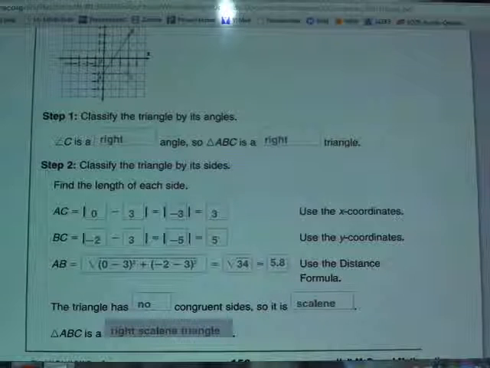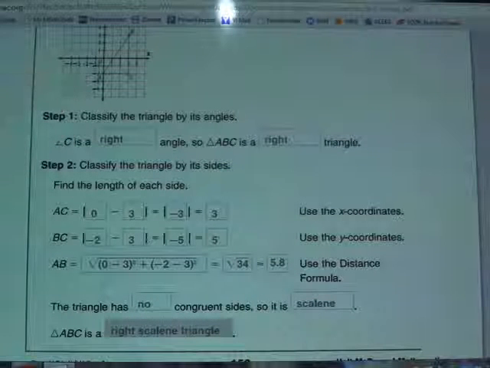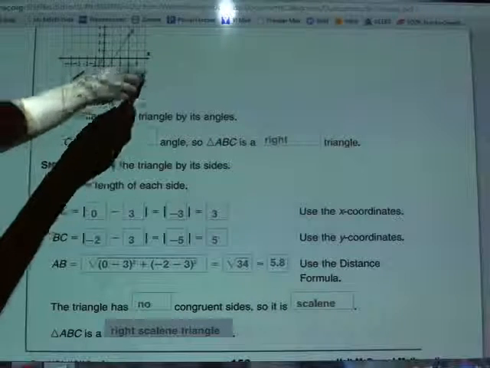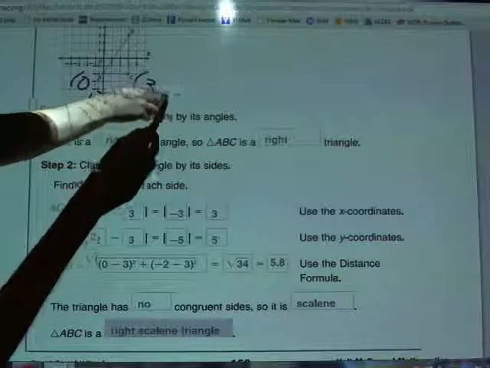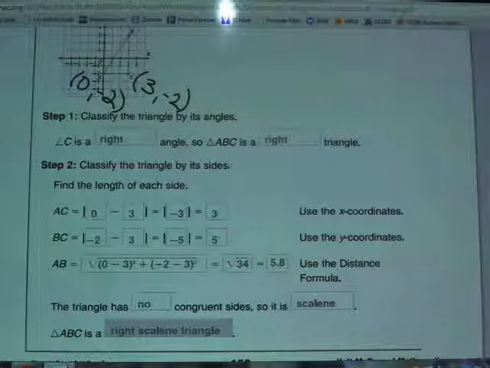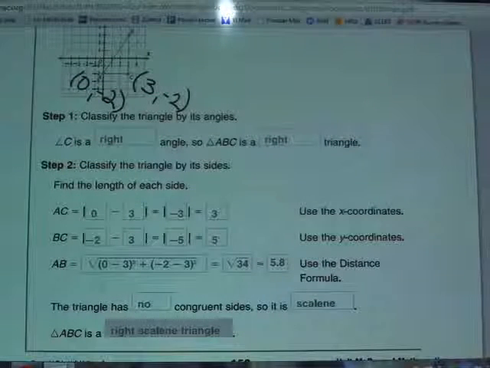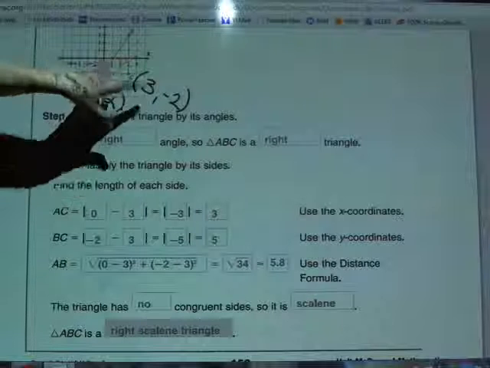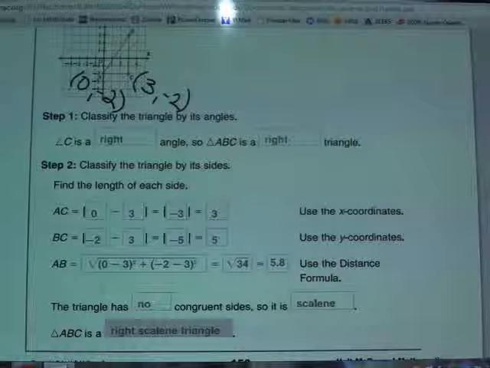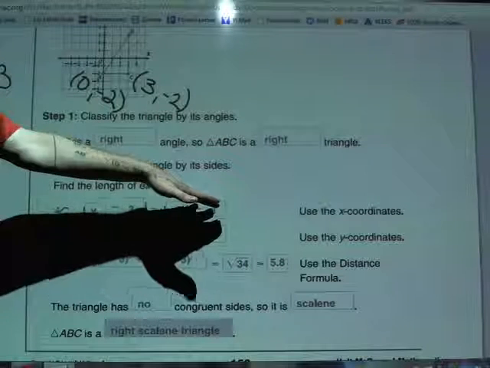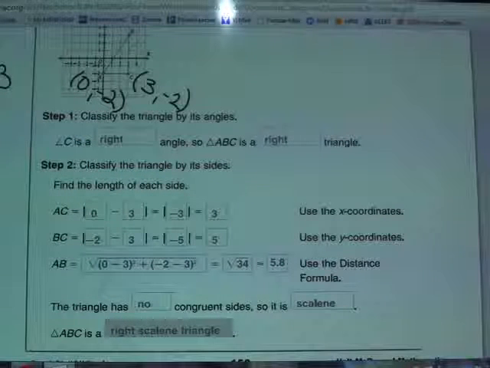Remember, A is at 0, -2, and C is at 3, -2. We subtract the numbers that are different and ignore the ones that are the same. Well, the y coordinates are the same, both at -2. That would be pretty boring. But we subtract the x ones, the ones that are different. 3 minus 0 means that AC has a side length of 3, which is what you see right here. And again, that's what we saw yesterday.